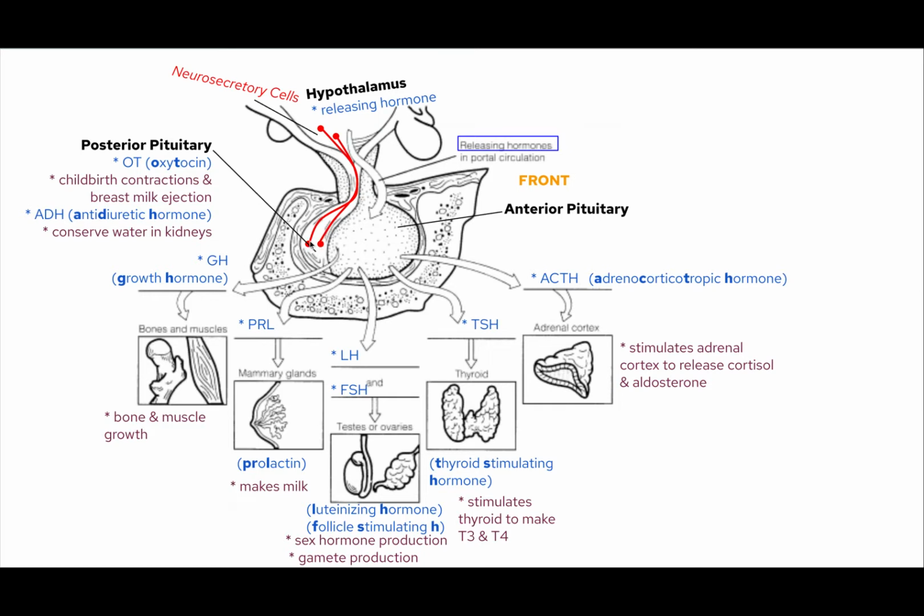So it's more of a zap than a hormone being released to tell it to release its hormone. So the backside, the posterior pituitary, gets zapped to release its hormones, whereas the hypothalamus has a hormone that tells the other hormones to be released. So there is a difference in how the anterior and posterior pituitary get stimulated, but they both get stimulated by the hypothalamus. Just with the posterior, it's through neurosecretory cells, and in the anterior, it's using hormones.